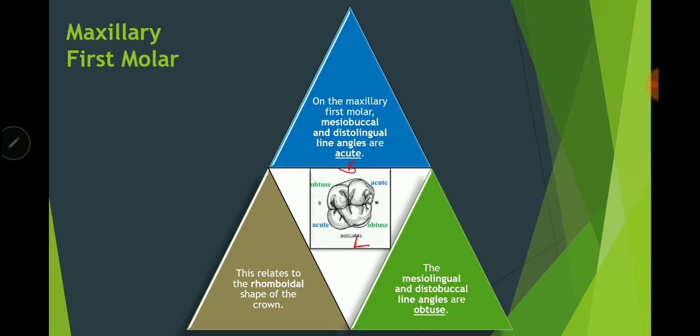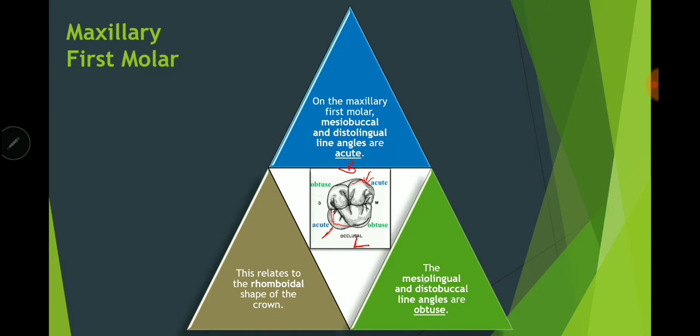So we say that mesial buccal, this one here. All right, so this angle here, and the distal lingual, it's going to be this one here. Okay, this one. Those are acute.